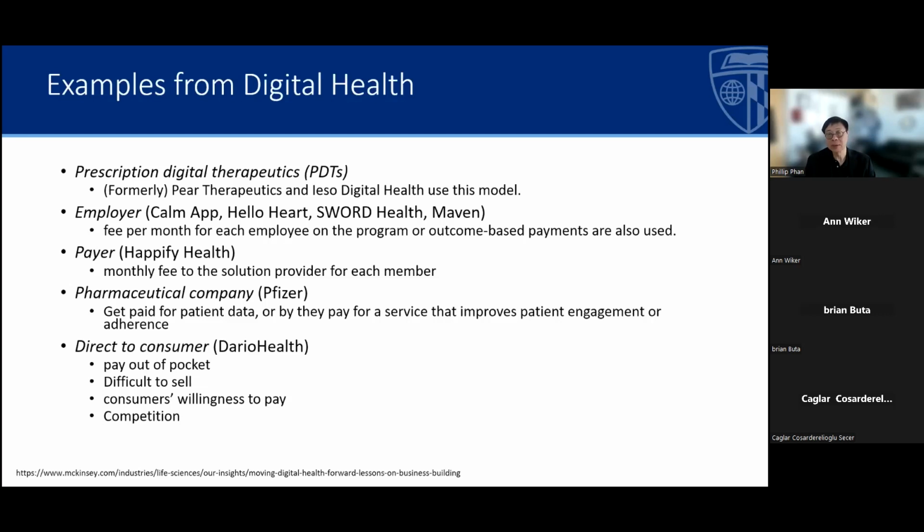So in this case, the employer actually pays for the use of your digital product to benefit their employees. You can sell it through a payer. So in this case, the payer is paying. So you have an insurance company that believes that adopting your product could lower claims by improving the health and well-being of their policyholders. You can, of course, sell the data to a pharmaceutical company that might find it valuable, say for post-marketing surveillance, which is a thing now, as pharmaceutical companies have to do post-market surveillance.